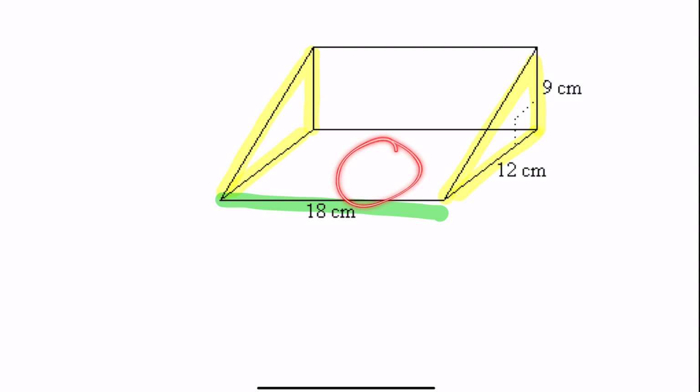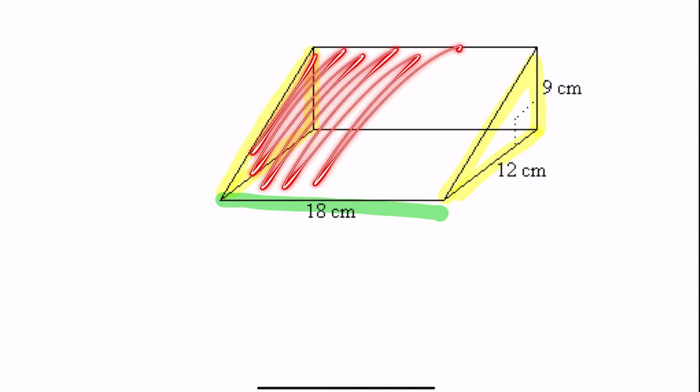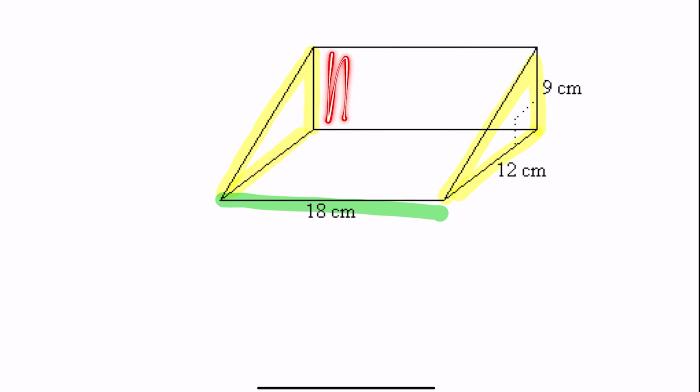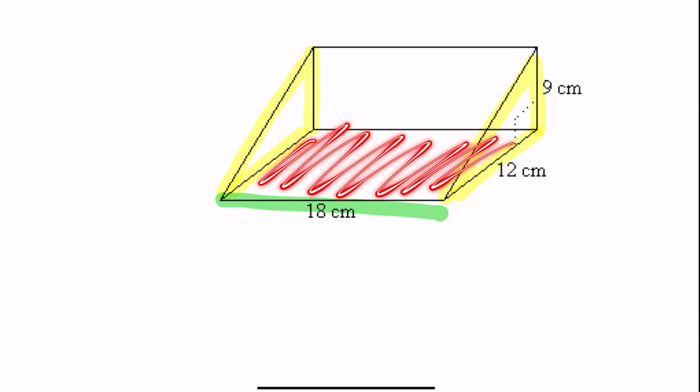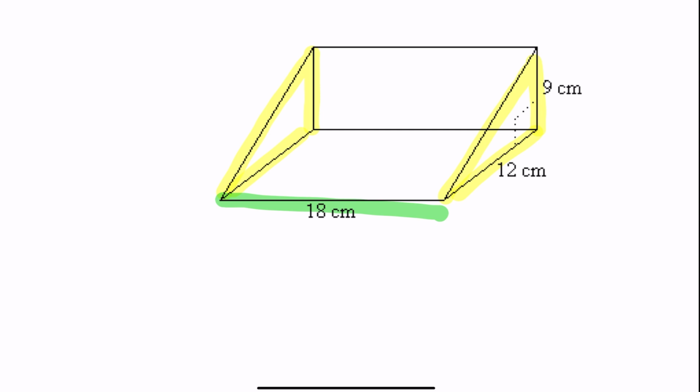These things here, the bottom plane and this front plane and the back plane, those are not triangles. So do not assume that this is the base of the figure just because it's sitting like this.